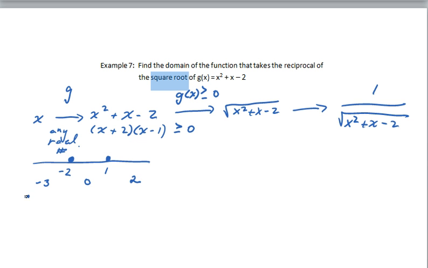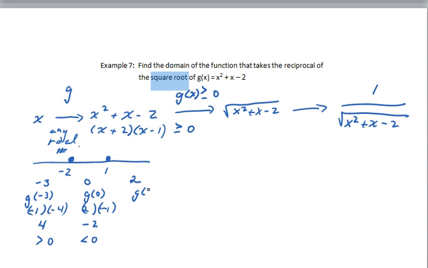So then g of negative 3 would be negative 1 times negative 4, which is positive 4, so is greater than 0. G of 0 would be 2 times negative 1, which would give us negative 2, which is less than 0.